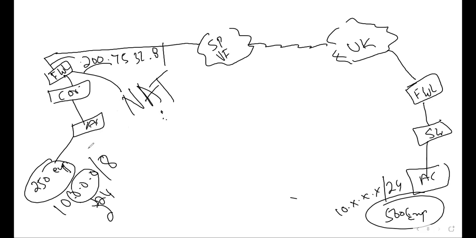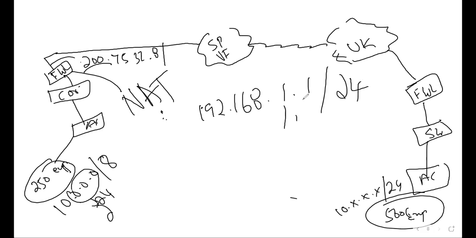Still, you are getting internet because of conversion into a public IP using NAT. The majority range you can see is 192.168.1.1, my system IP, then 1.2, 1.3, 1.4 like this. Hope you understood.